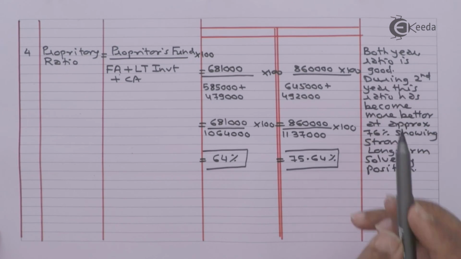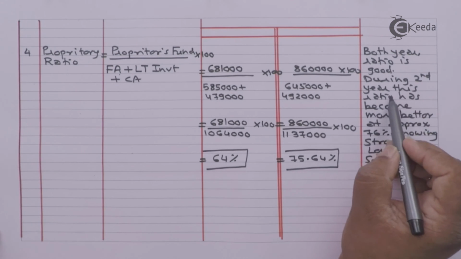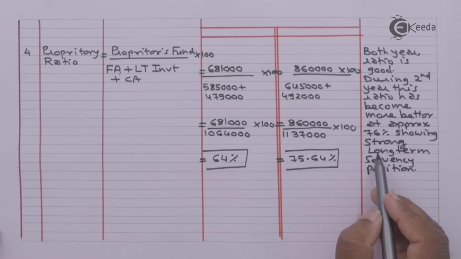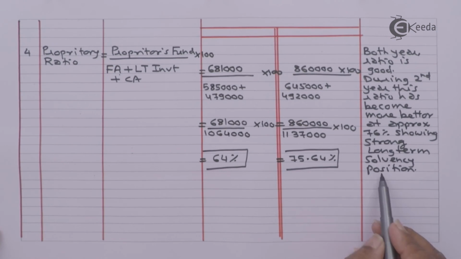Both years ratio is good. During second year, this ratio has become more better at approximately 76%, showing strong long-term solvency position.